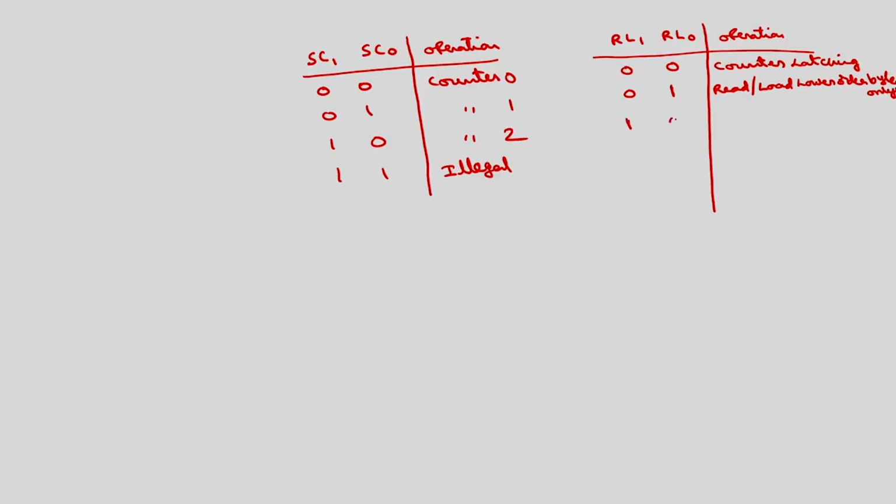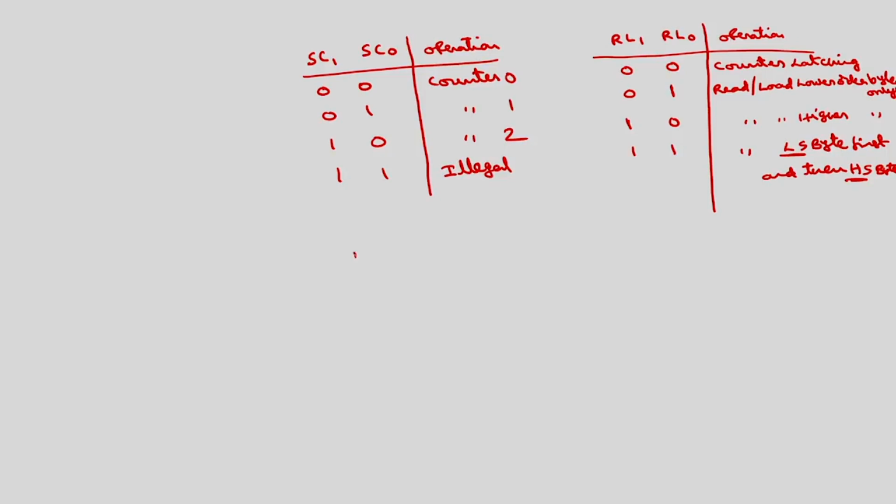If this is 1 0, read or load the higher order byte only. If this is 1 1, read or load the lower order byte first, then the higher order byte. It will read both, which is for 16-bit operations.